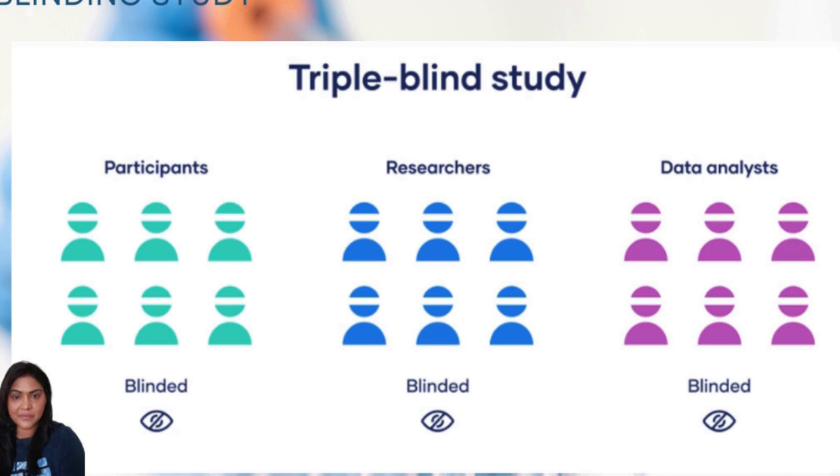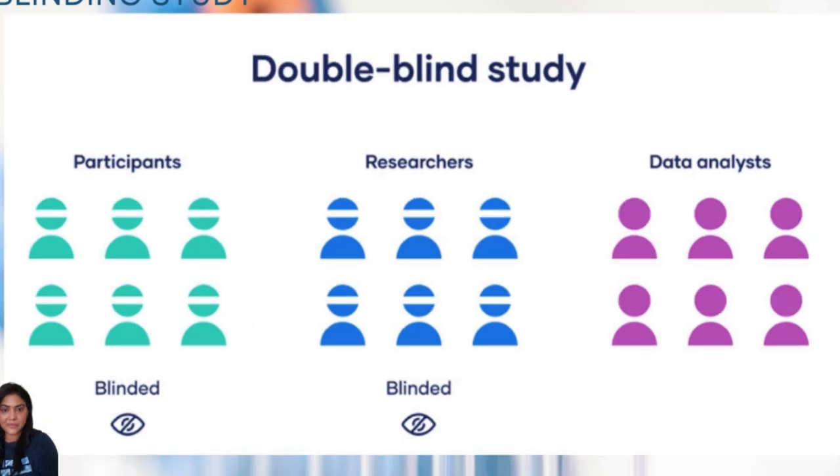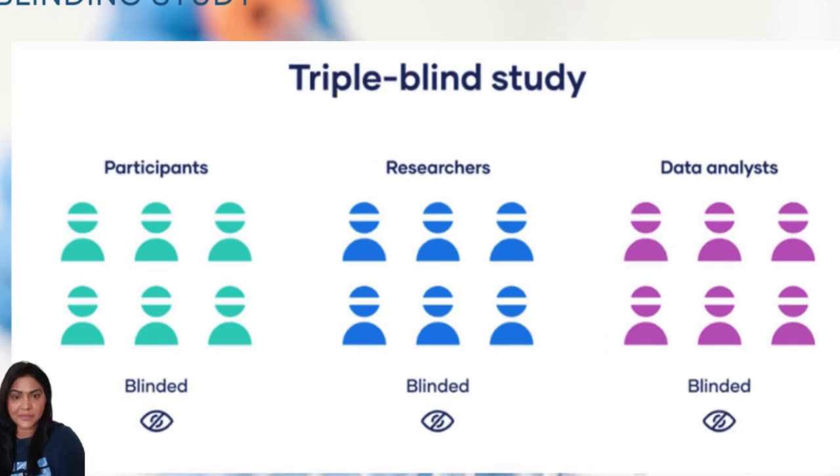This is a triple blind study. So what is the benefit of that? To achieve triple blinding, you assign each participant group 1 or group 2, but do not inform the data analyst which number represents which group. So it always helps to analyze biases.